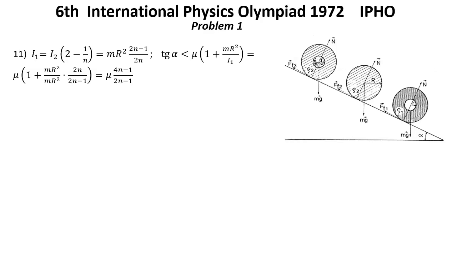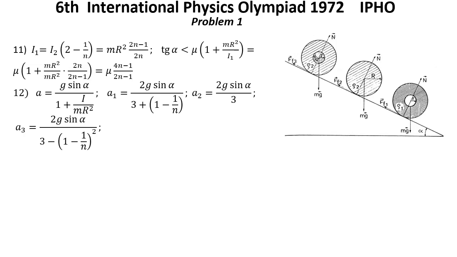It means that tangent alpha must be less than mu multiplied by 1 plus mR square over I1, which is equal to mu multiplied by 4n minus 1 over 2n minus 1.